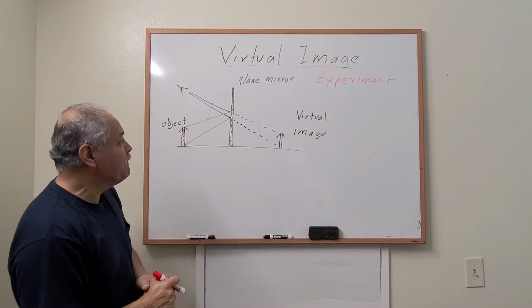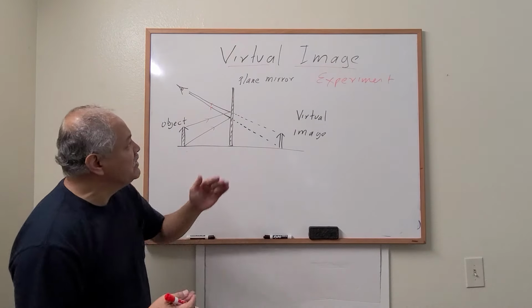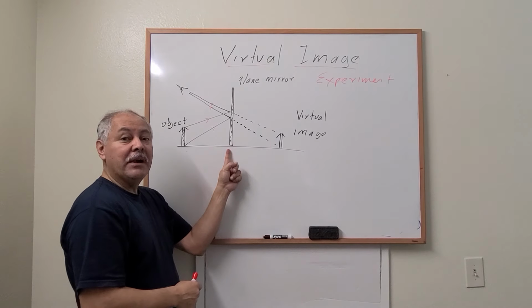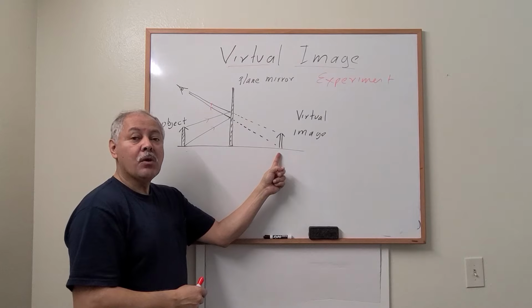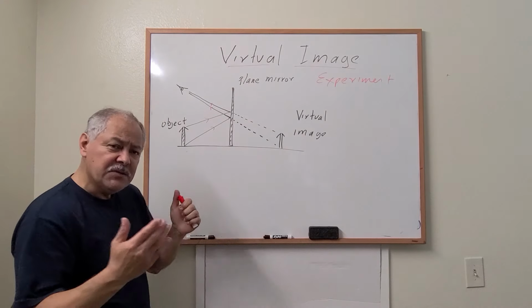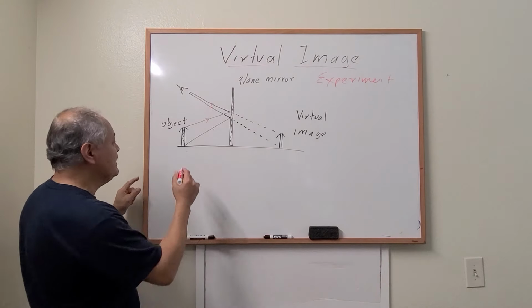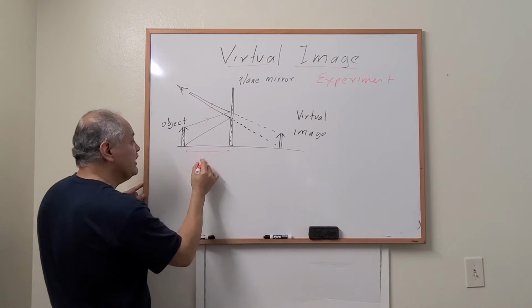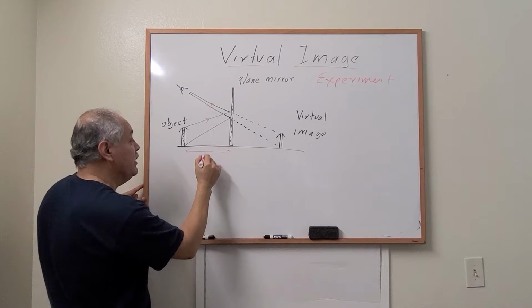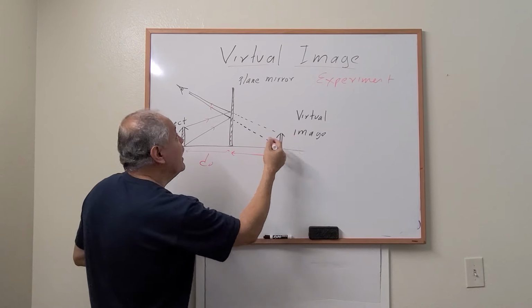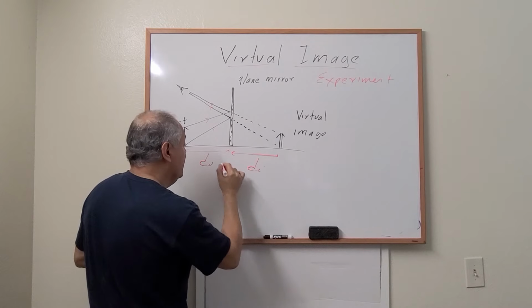The purpose for today's experiment is to find the distance from the mirror to the virtual image. It's found from the theory that we call the distance from the object to the mirror dO, and the distance from the mirror to the image di.